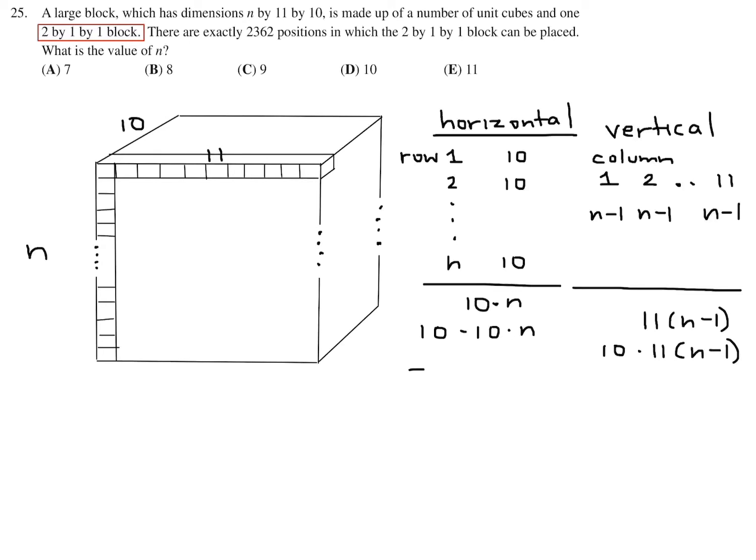And I'll just simplify these. We can do that later, but just for the sake, 100n, and this is 110n minus 110. Okay? Now we have done two scenarios, and I'll label them. This is scenario 1, and this was scenario 2.